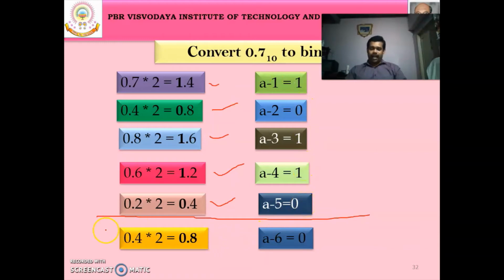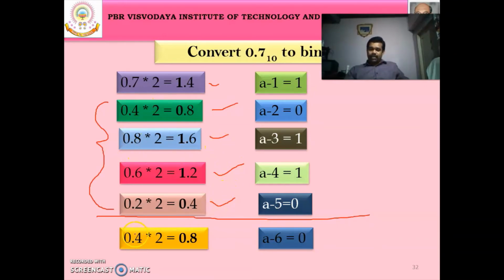After this, again the same is repeating. Again 0.4 will be coming, again 0.8, again 0.6, again 0.2, and again 0.4. So after this 10110, the 0110 will repeat.